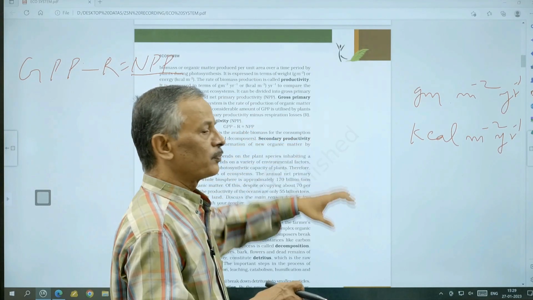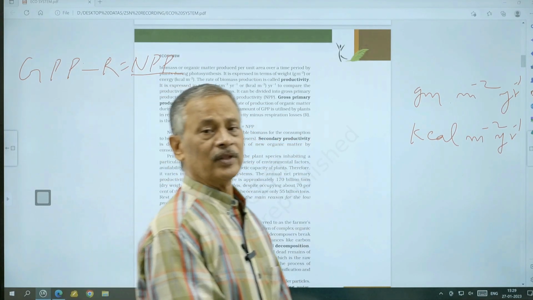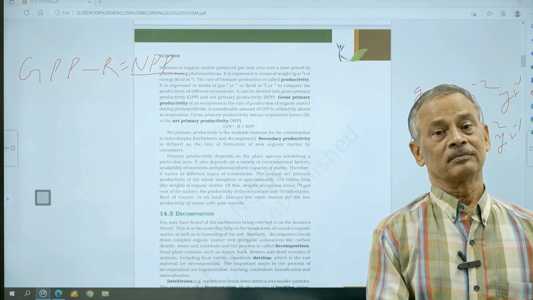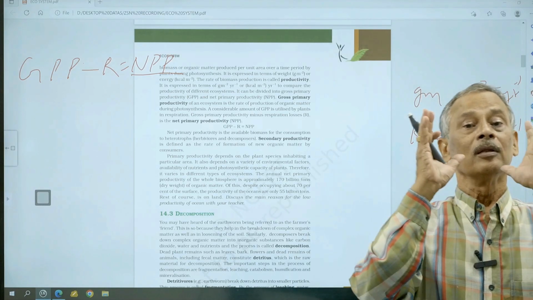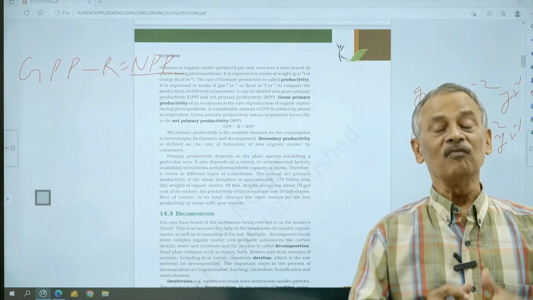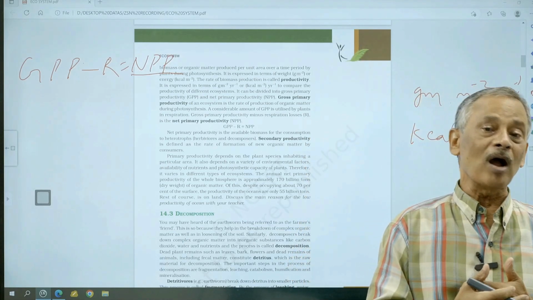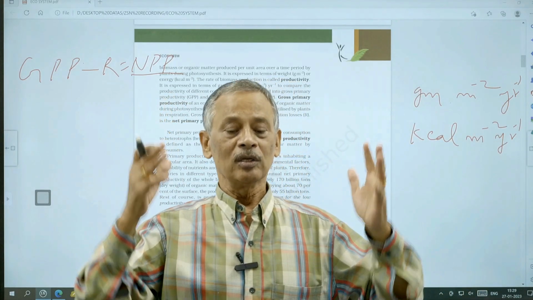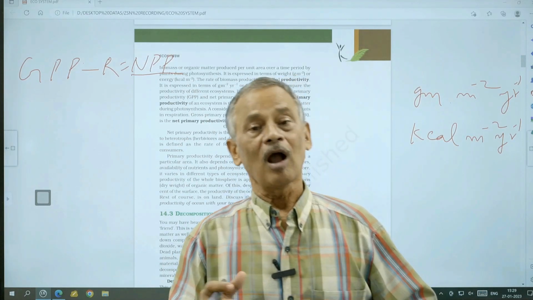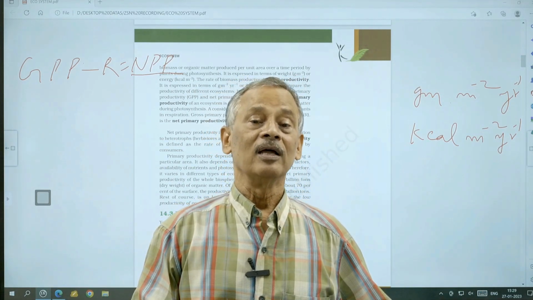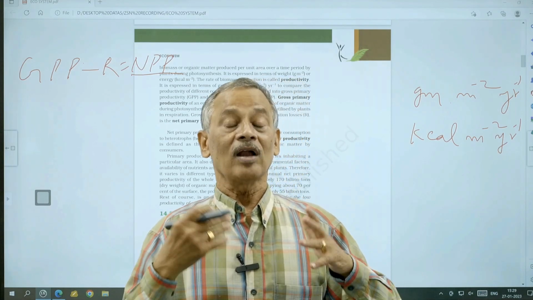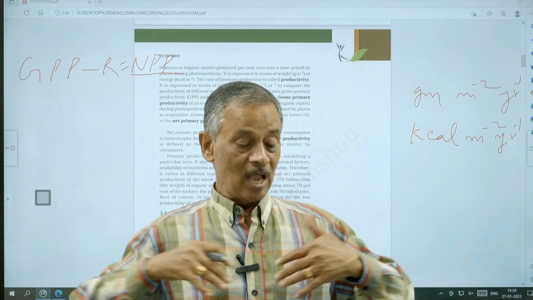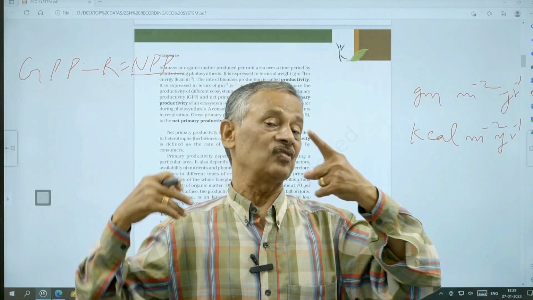Now, when the consumers are eating the biomass that is stored in producers, they will convert a part of their energy into their body mass. They will grow, their biomass will grow. See how we are all gaining weight by eating. What we eat, indirectly or directly, is plant material. By eating, our weight is increasing, our biomass is increasing.